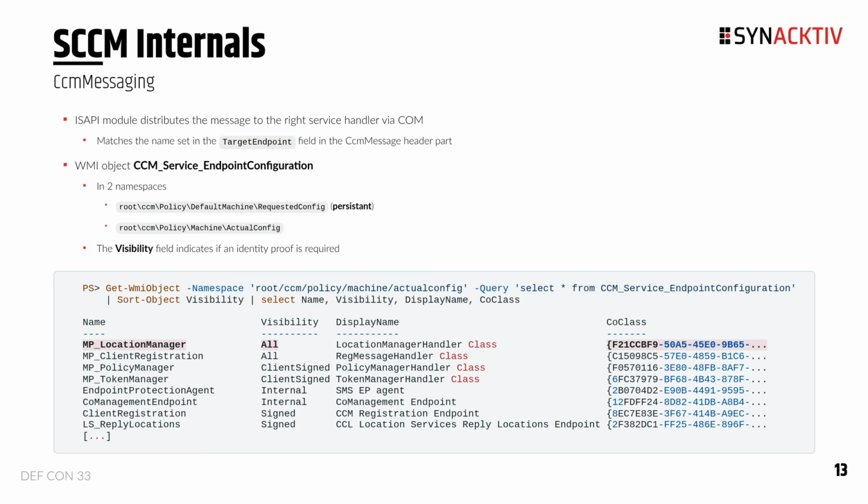So this is where the authorization level is defined. As you can see in the dump below, the MP services are configured with either all or client-signed visibility. I will circle back to this knowledge at the end of this talk for the persistence part.